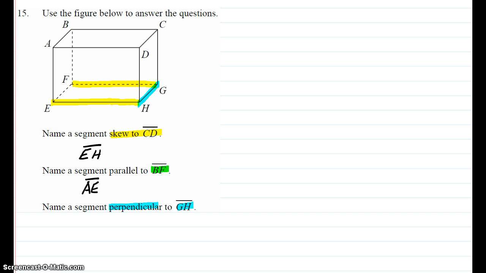FG would have to be 90 degrees. DH would also touch GH and make a 90-degree angle. Same with CG. So in this one I have 4 possible answers, and we'll go with the first one, segment EH.